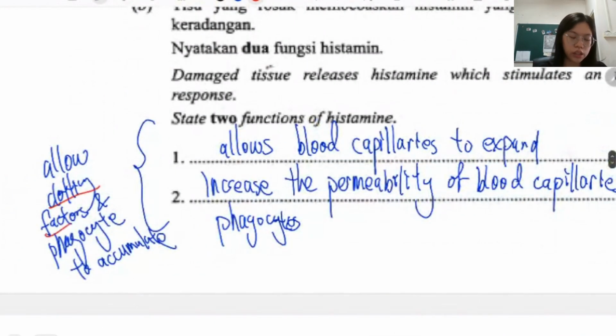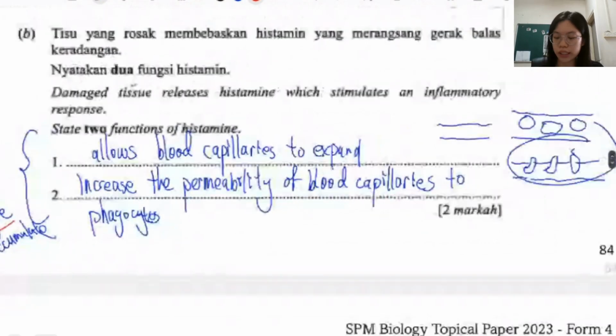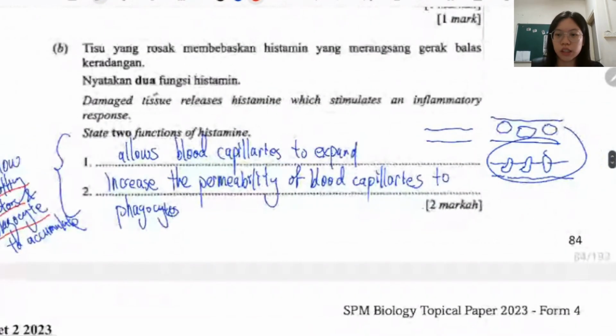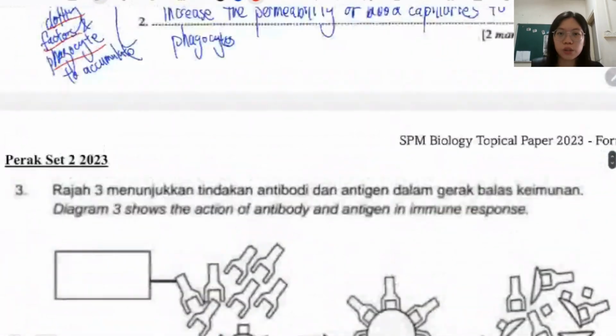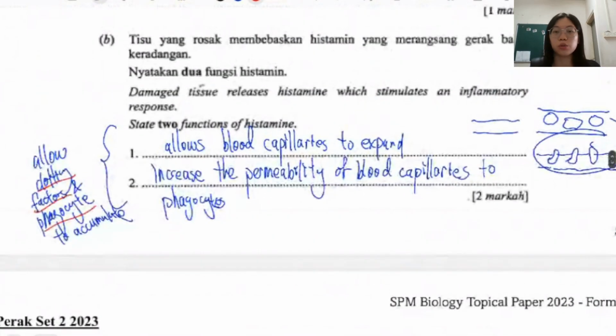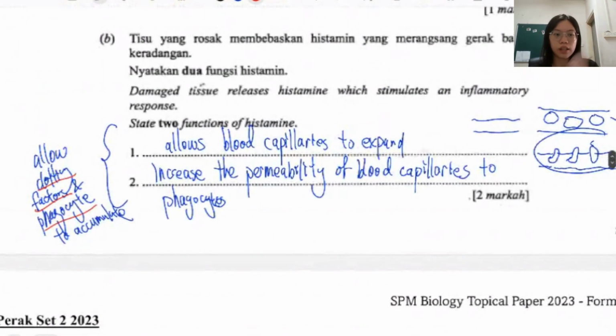So why do the clotting factors have to accumulate there? It is basically to do the blood clotting mechanism. Yeah. To quickly form a scab to prevent more pathogens from entering your skin. And then for phagocyte, they want to do the phagocytosis as quickly as possible. That's the reason why they quickly escape out from the blood capillaries. All right, so moving on to the next one. So these two are the functions of histamine.